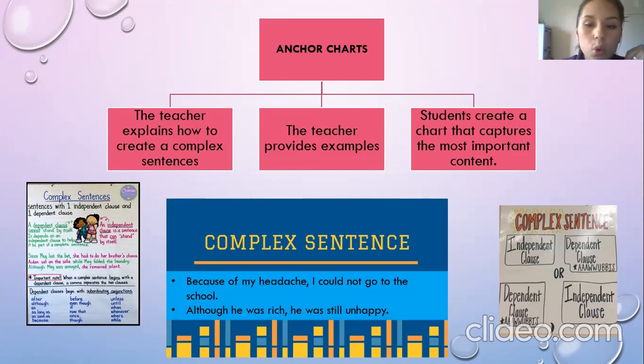For example, we can explain to students the grammar of complex sentences. They make some examples, and then finally make students create an anchor chart with teacher and students' ideas.